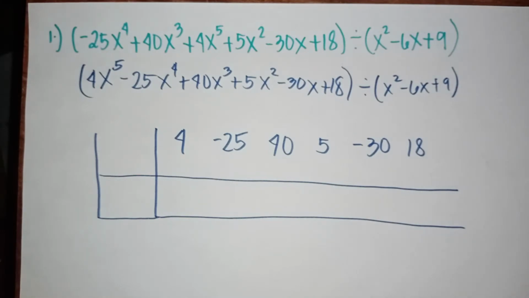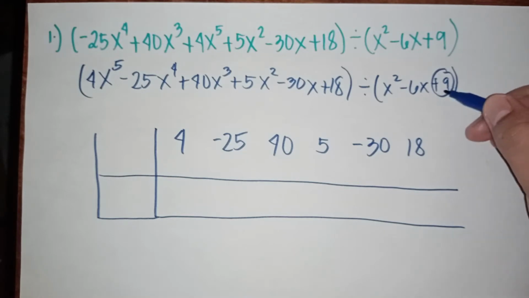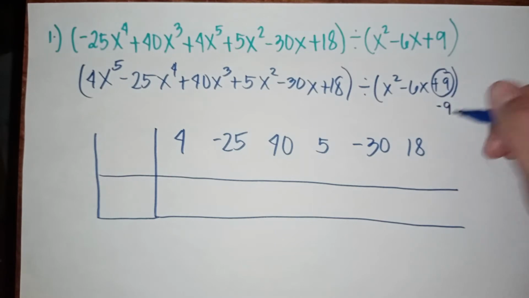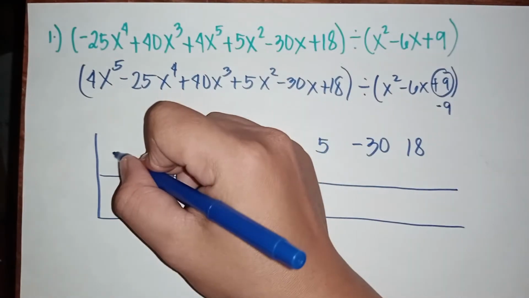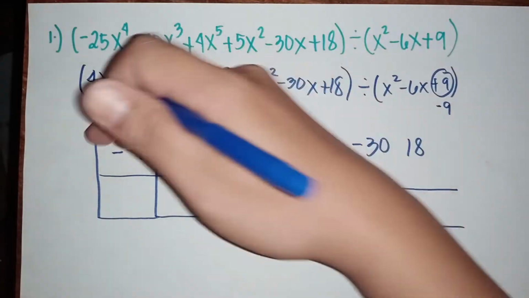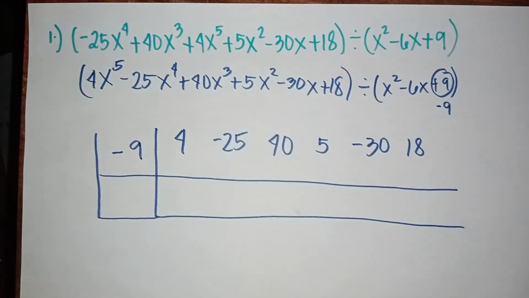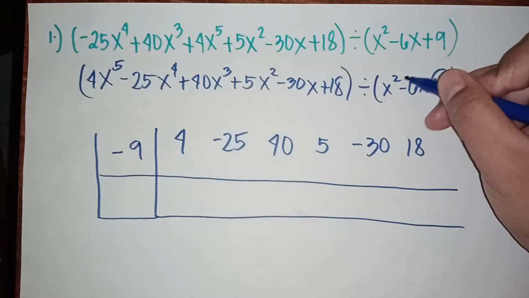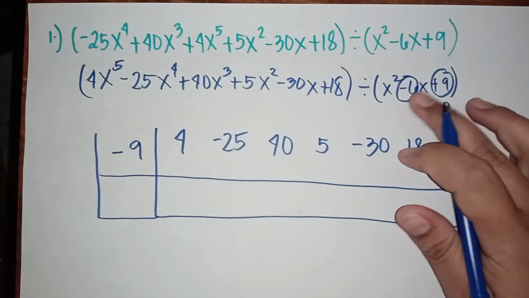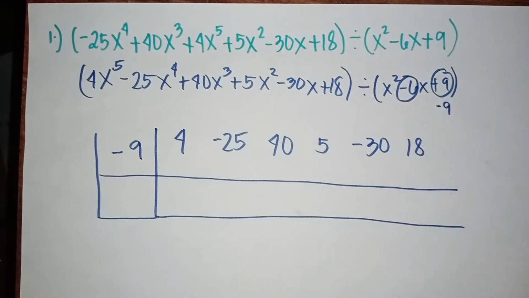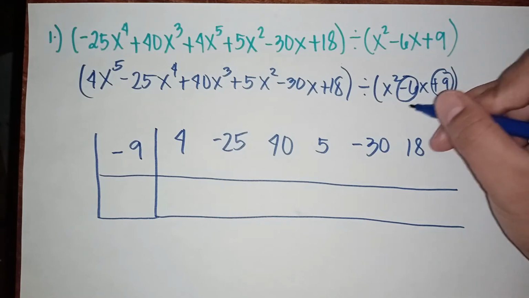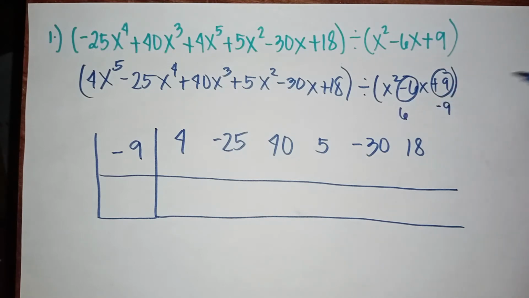Next, yung divisor natin, una kukunin natin yung shortcut mga boss, kunin natin yung opposite ng constant ng ating divisor. So yung constant ng divisor natin is 9. So what is the opposite of 9? Okay, tama, negative 9. Yung negative 9 mga boss, lagay natin dito sa unang row. Next kunin natin yung opposite ng coefficient ng ating linear term. Yung coefficient ng ating linear term is negative 6. So what is the opposite of negative 6? Yes, tama mga boss, that is positive 6.